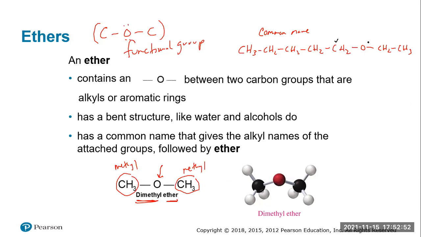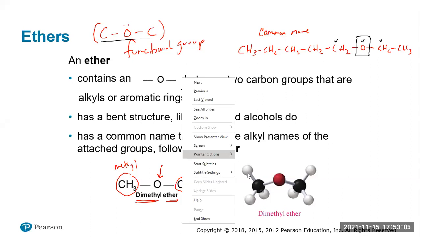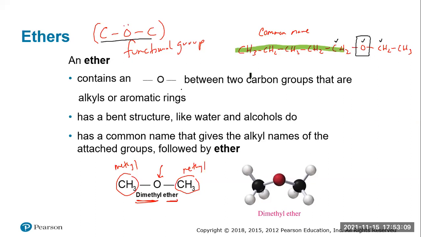We have carbon, oxygen, carbon, so that is our functional group. We want to focus on the oxygen and look to the left and to the right of it and see what we have going on there. On this side, we have a 5 carbon group on the left, which would be a pentyl group.